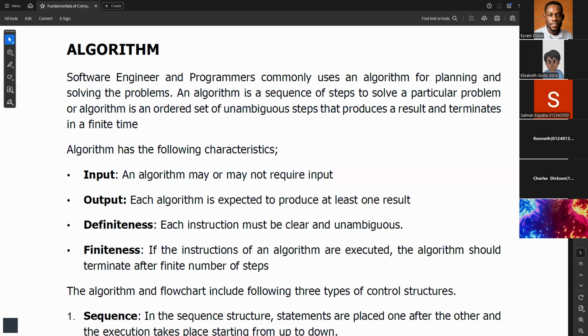So for instance, you've been given a problem, let's say, to calculate the area of a circle.